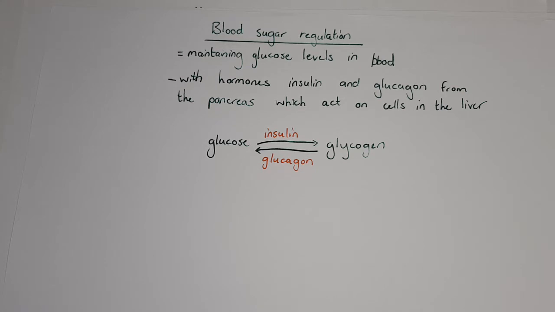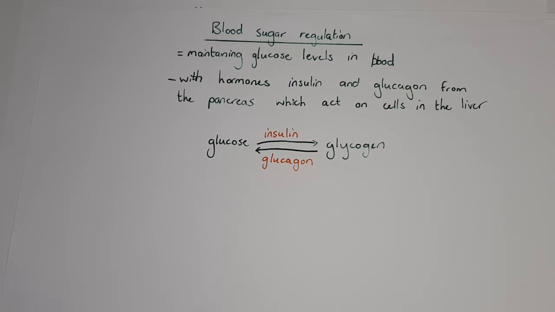But we need to maintain those glucose levels, because if we have too much glucose in the blood, it's going to change the concentration, and it's going to cause water to come in where we might not want it to, because remember, water would follow all the ions. And the opposite occurs if the blood glucose gets too low, and then we don't have enough glucose for energy.